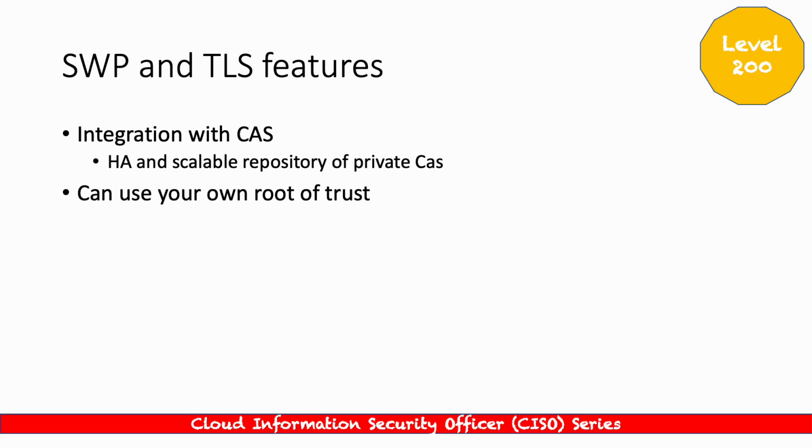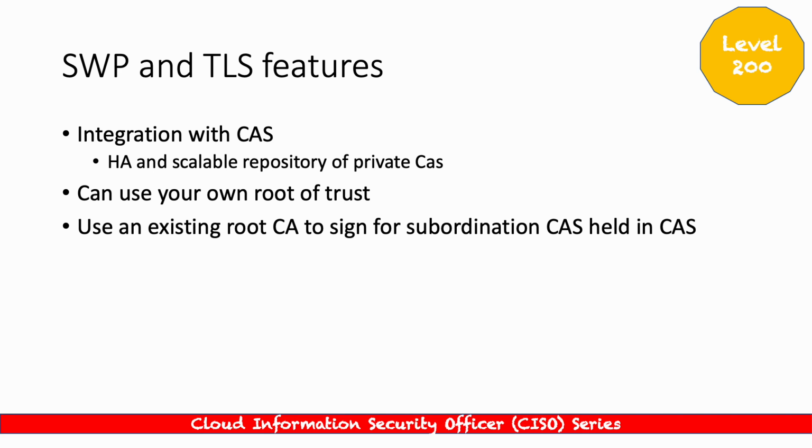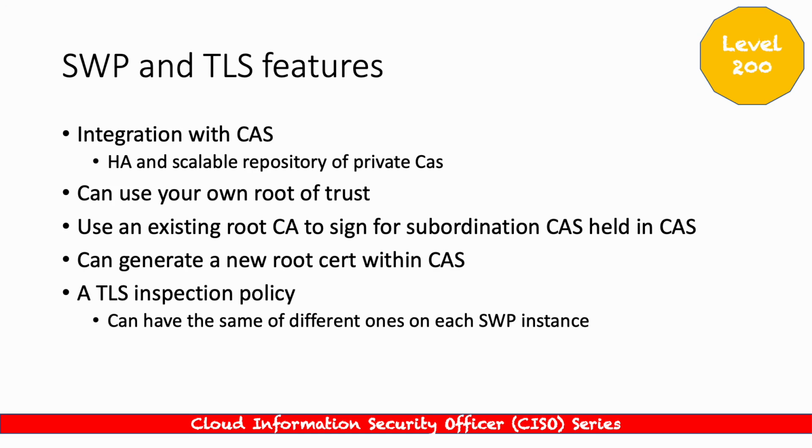You can integrate the Secure Web Proxy with that. You can use your own root of trust. You can use an existing root certificate authority to sign the subordinate CAs held within Certificate Authority Service, and you can also generate a new root certificate within the CAS.